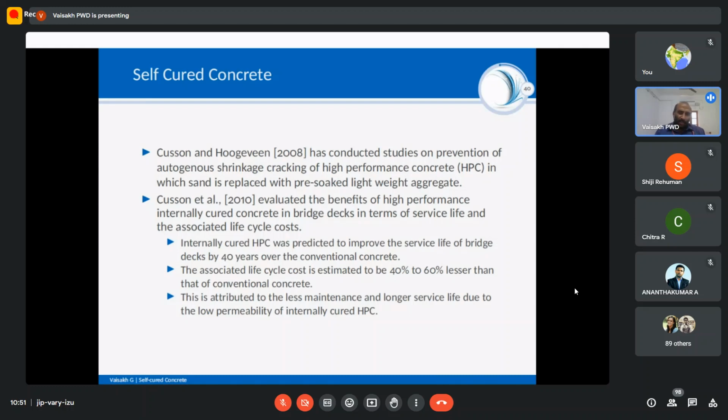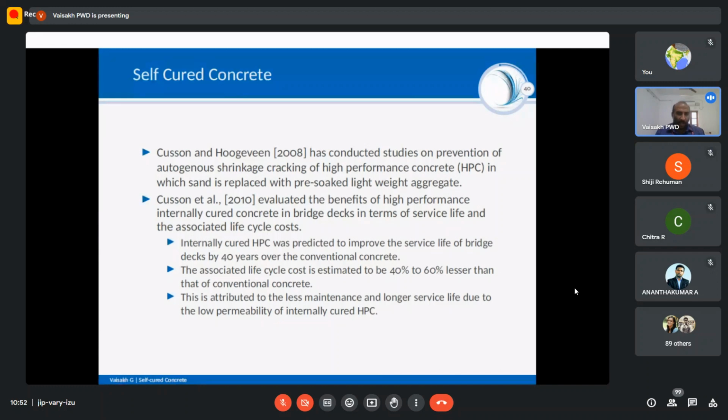There is an important study by Kusen and others in 2010. They evaluated the benefit of high performance internally cured, self-cured concrete in bridge decks in terms of their service life and associated life cycle cost.